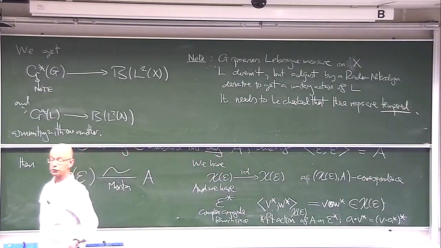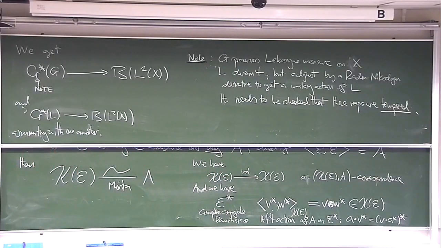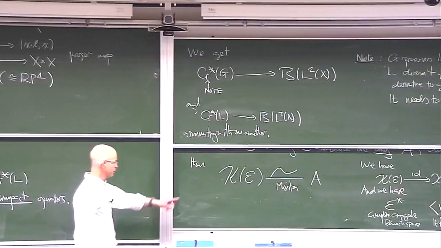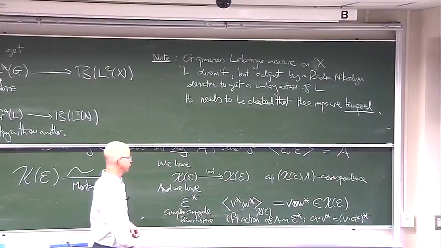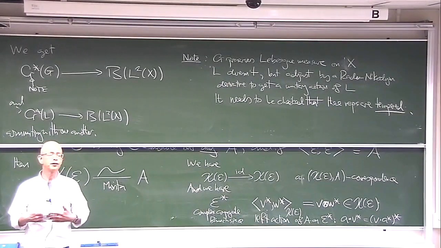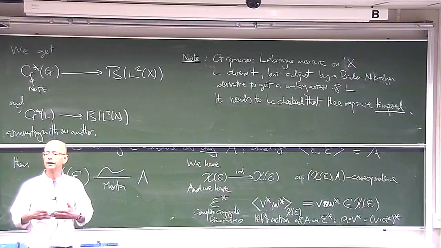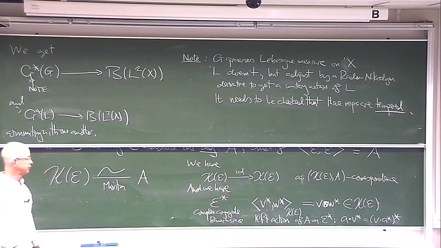So each time I have a Hilbert module, I can reverse this sort of obvious correspondence to get another correspondence like this. And now you do the calculation: these two correspondences are mutual inverses to one another in the category of non-commutative spaces.